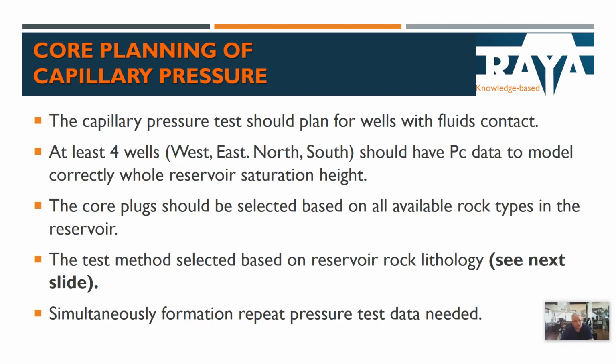And as you see, the most accurate depth point for free water level comes from the pressure versus depth plot, where the point is the intercept of the oil gradient and the water gradient.